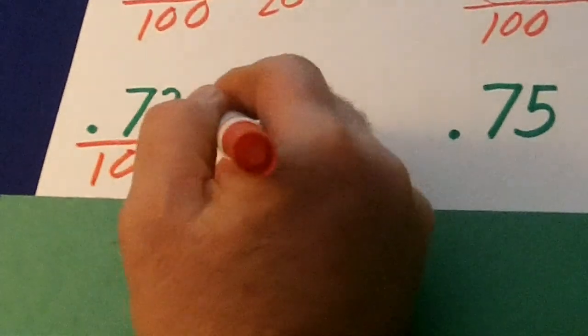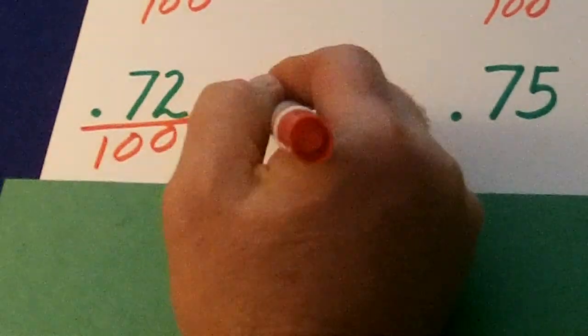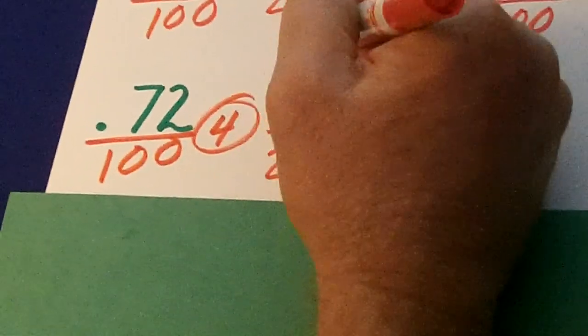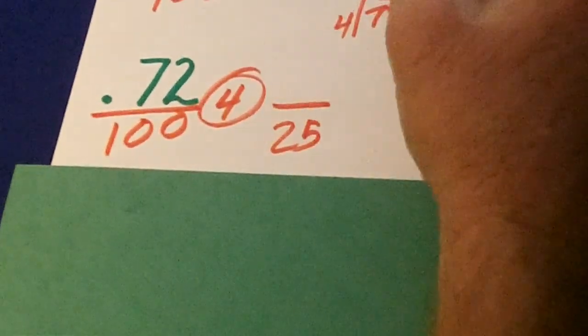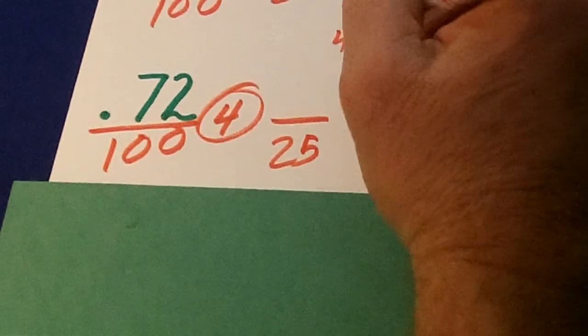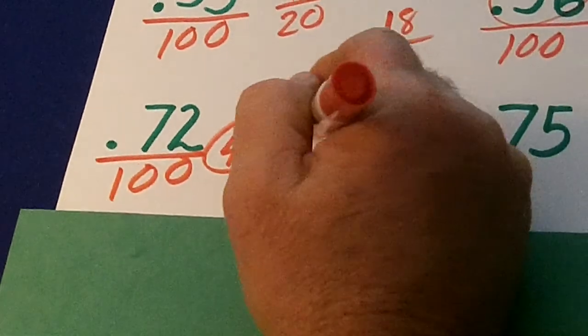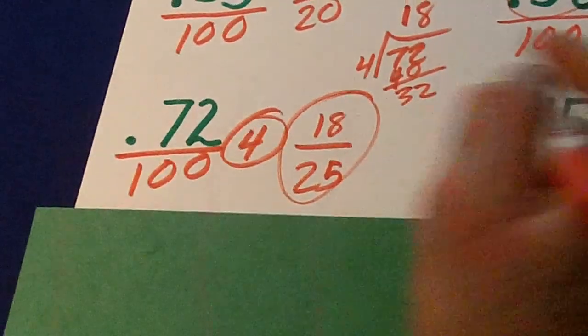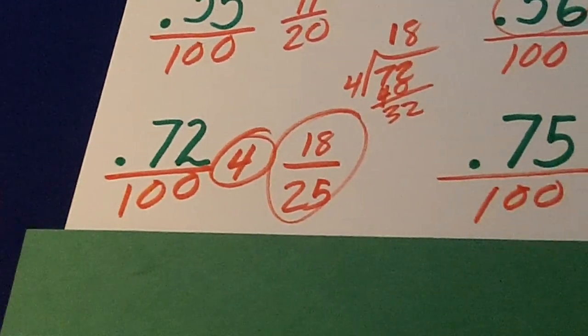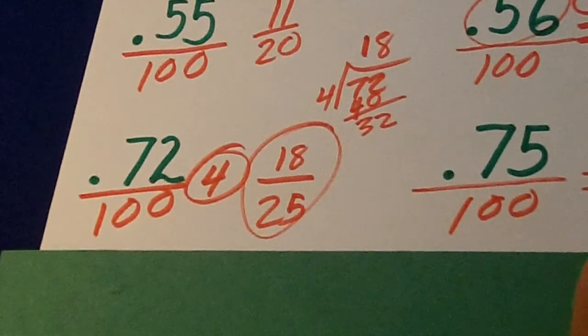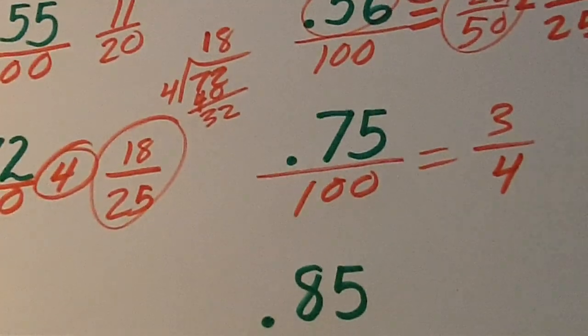I'm going to guess and say 4 goes into those, 25. Now, 4 into 72 is, let's say, 18. Ta-da! Reduced. 75 over 100. Let's count quarters. 3 over 4 quarters. Ta-da!